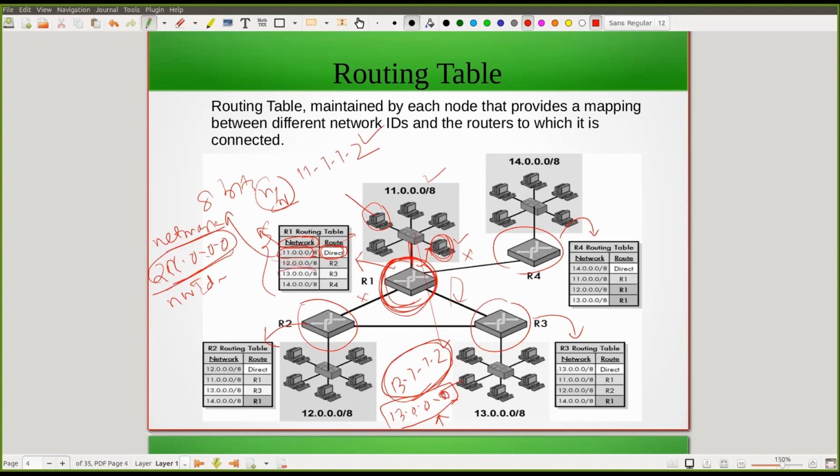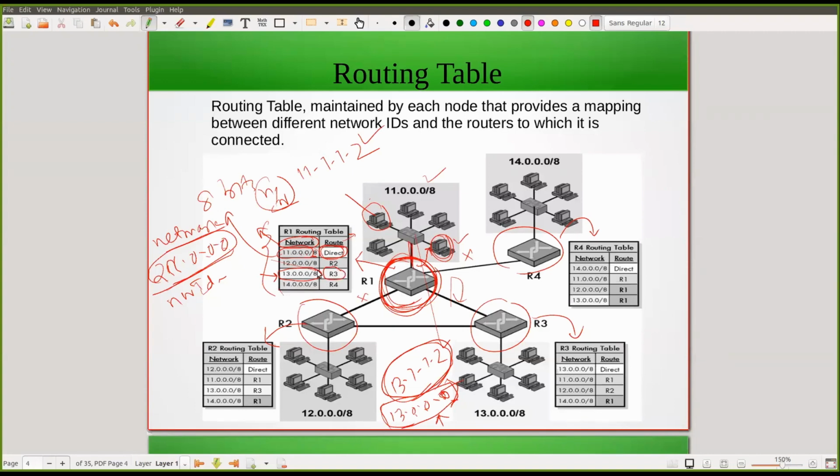Yes, there is an entry. When the packet is sent from this machine to this router, the router first finds out the network ID of the destination. Based on that, it searches whether an entry for that network ID exists in my routing table.